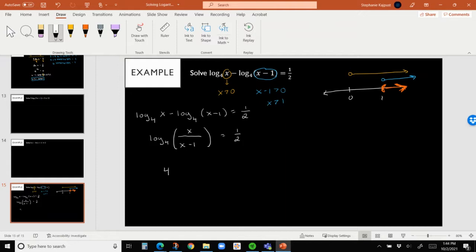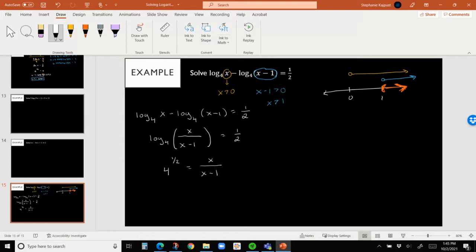So my base is 4. The exponent is going to be 1/2. And this is going to equal x over x minus 1. So 4 to the 1/2 power, 1/2 is the same as the square root. So this is basically giving us the square root of 4.